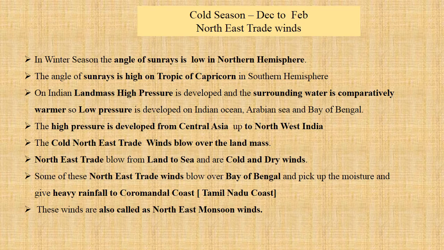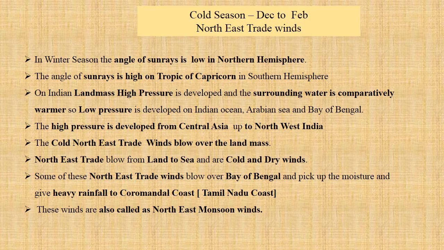Because the northern hemisphere moves away from the sun, so the angle of sun rays decreases. The angle of sun rays is high during that time on the Tropic of Capricorn in the southern hemisphere. So the South Pole will face the sun and the North Pole will be away from the sun, and so we have the cold winter season.